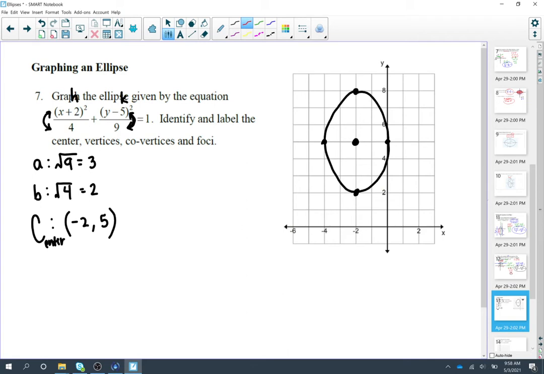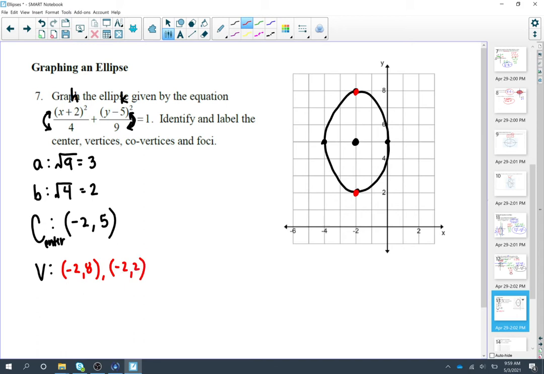And there's your graph. Now, they said we had to label the center. We did. We also have to label the vertices. So vertices, keep in mind, are on your major axis. So here's a vertex. Here's a vertex. Your first one is at -2, 8, and then -2, 2.